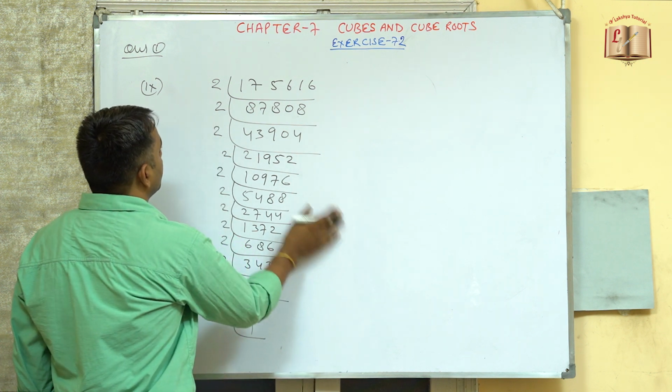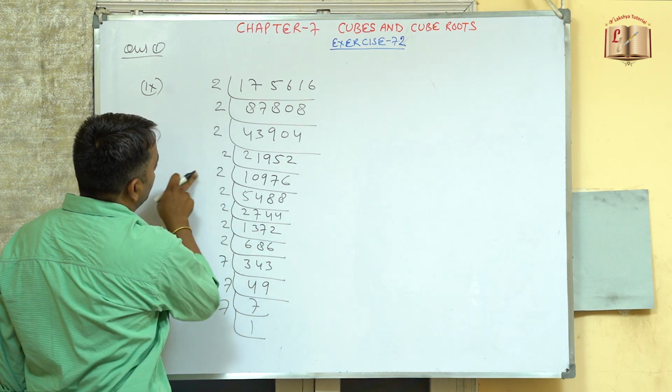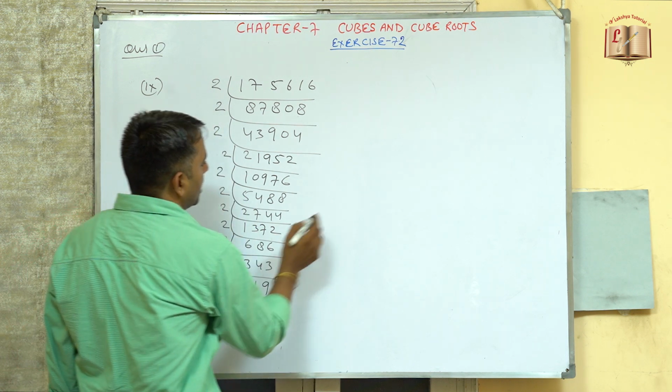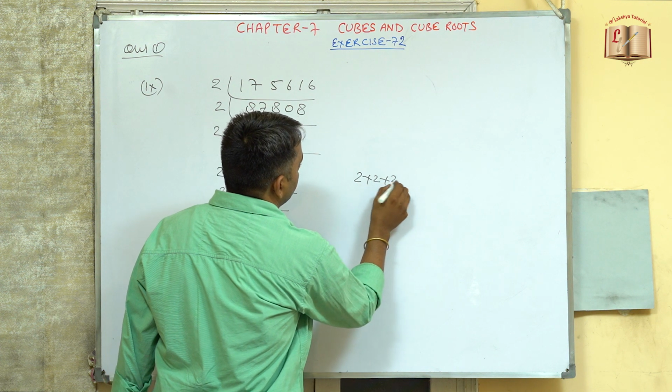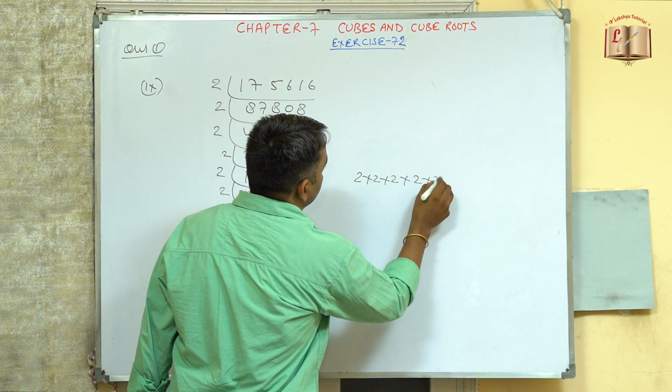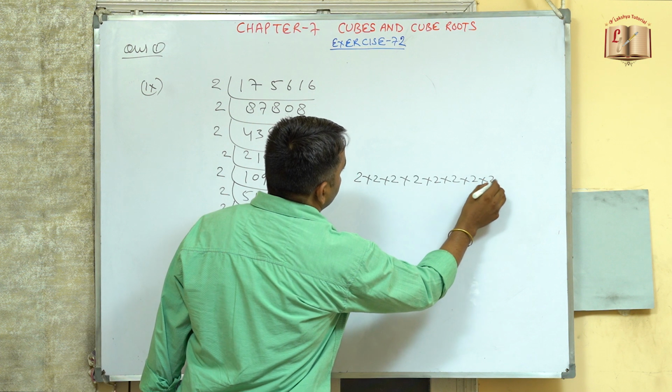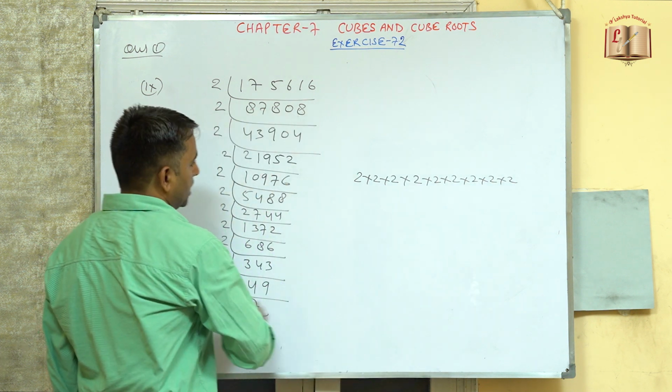So the prime factors we got are 2 nine times, that is 2 into 2 into 2 and so on, and 7 three times.